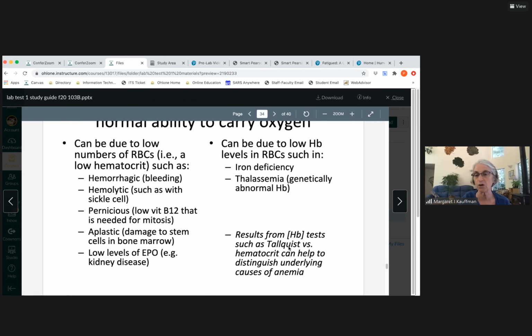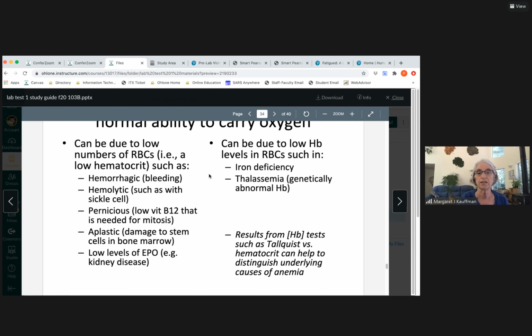One's called a Tallquist test, and the other uses a device called a hemoglobinometer, which looks at the relative color of your blood from the hemoglobin compared to a standard, and decides whether it's not as red as it ought to be. If it's not, it's possible you have a low concentration of hemoglobin, even if you have a normal hematocrit.